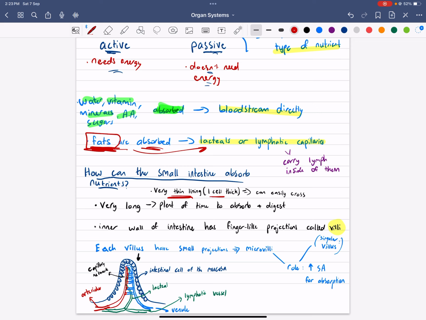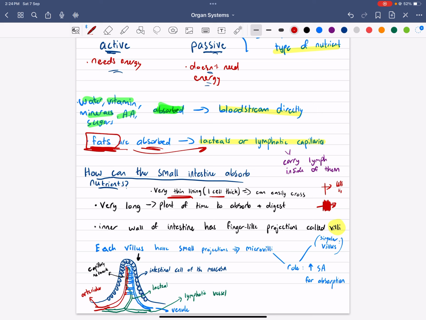It's only 1 cell thick. Imagine how thin it is. Why is that? So the nutrients can be easily accessed through the membrane and directly absorbed. If it was a very thick layer, nutrients would have to pass through more, and that takes more time. This is very thin, so it takes less time.